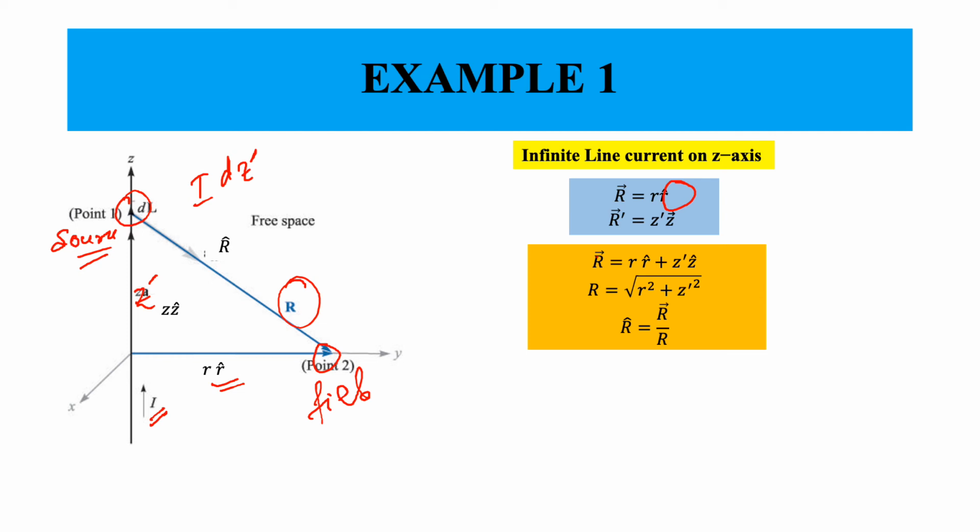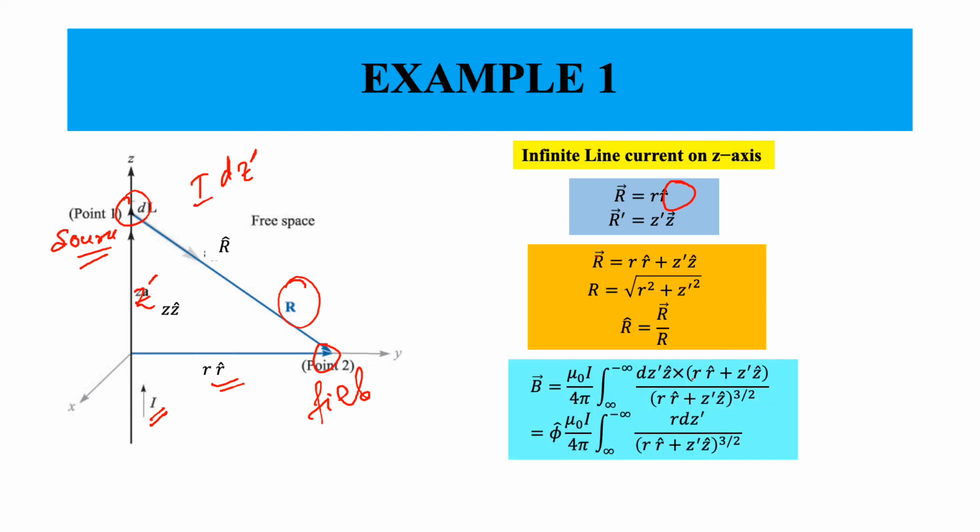The magnetic field is given by mu naught over 4 pi. This is constant, so I am keeping it outside the integral. I am considering the integral from minus infinity to plus infinity, because that is where the current element is going.